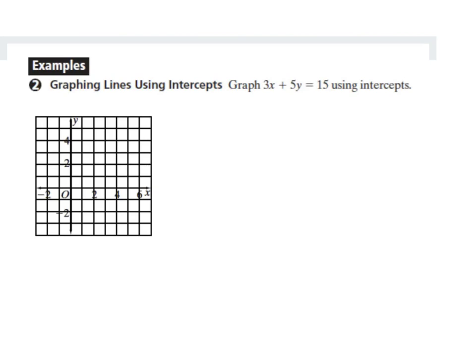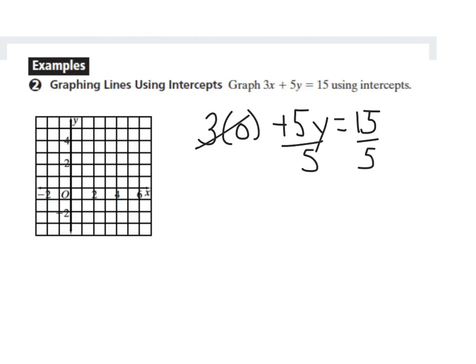In this case, if the x is 0, we're looking for our y-intercept, okay? That term becomes 0, so that's gone. We divide by 5, our y-intercept is going to be 3. So that point right there, let me make that blue, is going to be our y-intercept.